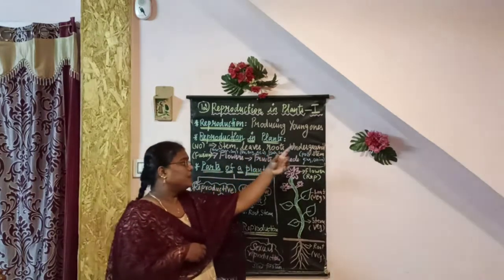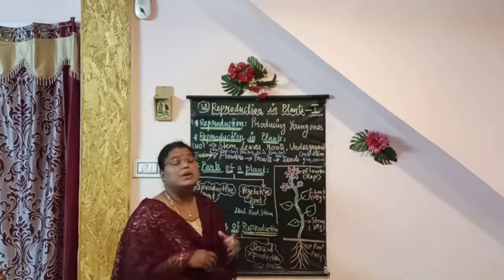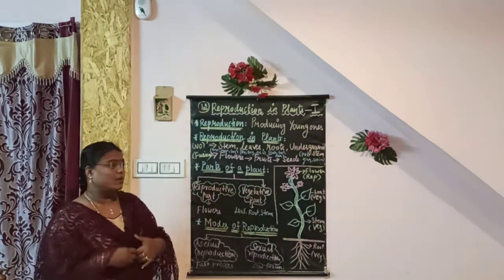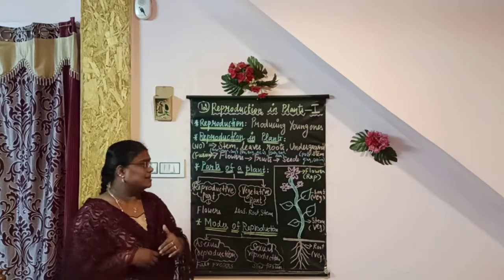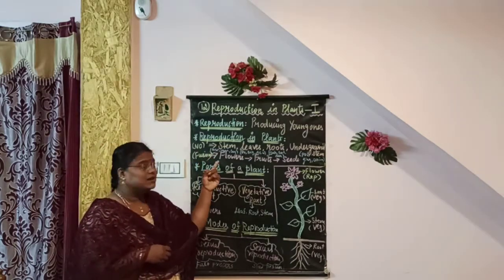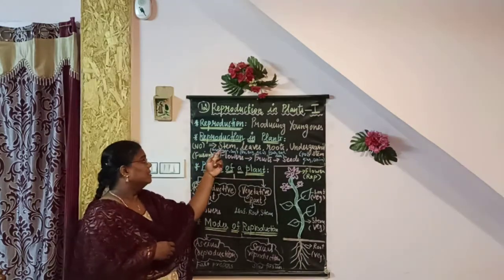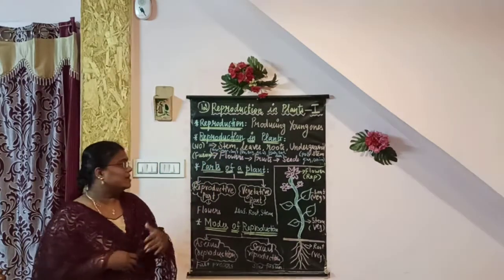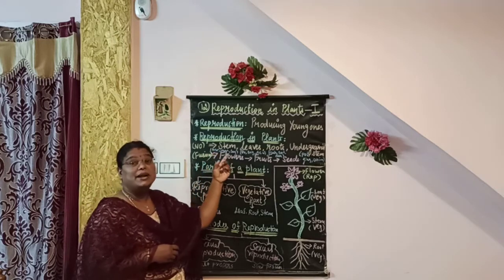And roots, and in some cases underground stems, also have the ability to produce young ones. We'll see some examples. The plants in which the stem has the ability to give young ones are rose, money plant and sugarcane.